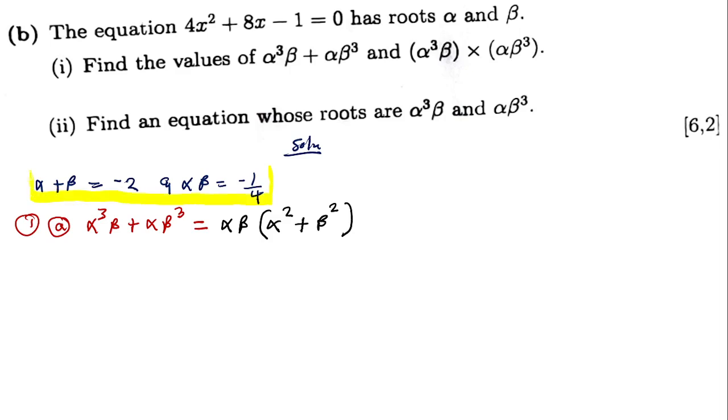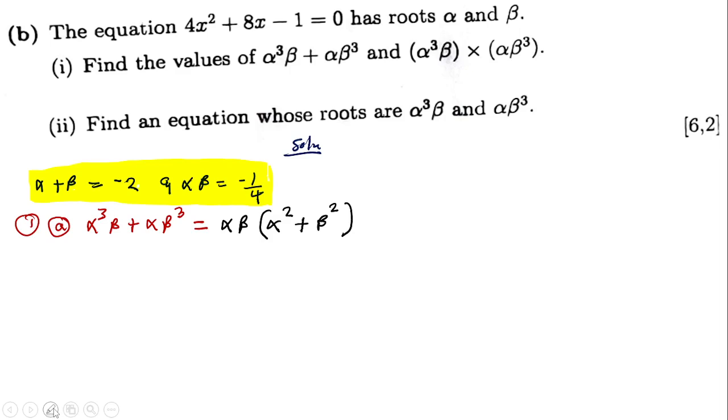We don't have alpha squared. We don't have beta squared. We don't have alpha squared, and we don't have what? Beta squared. So because we do not have those in this one, we need to find a way of having them. So let's quickly find a way of having those I have highlighted.